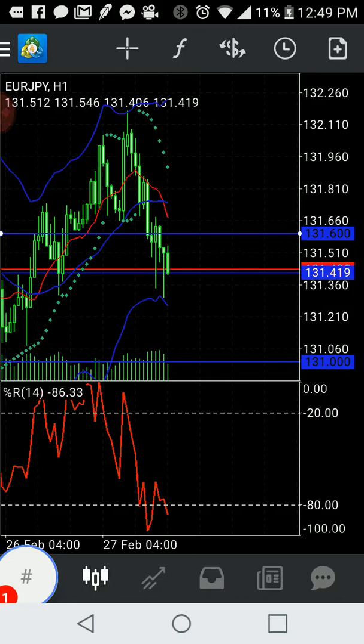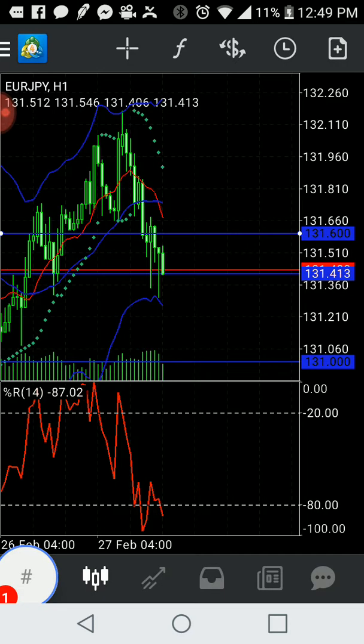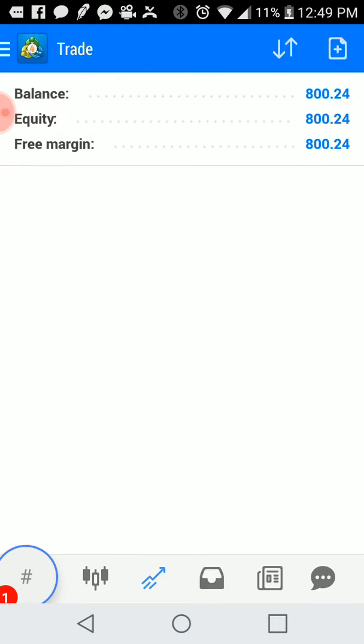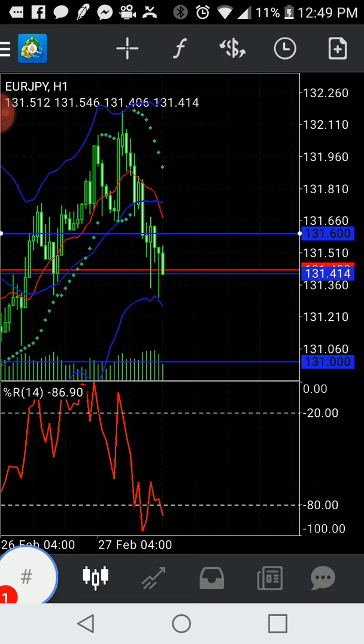So it is better to set the larger one first, because you're going to have more of a distance to set that up with. And I'll show you what I mean. We're going 2.5 lots. We are now set. We have $800 in here, and let us go and set this trade up.